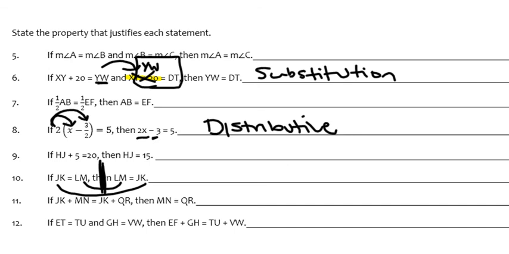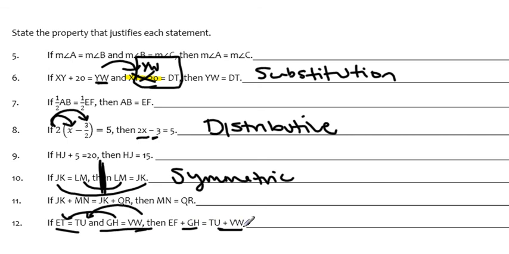That's your symmetric property. And then number 12, they give you two sets of segments that are equal to each other, and then in the final line I take GH and I add it to EF. I take VW and I add it to TW or TU. So that's the addition property. It says you can add the same thing to both sides of an equation.